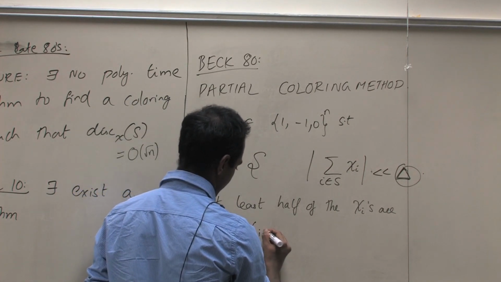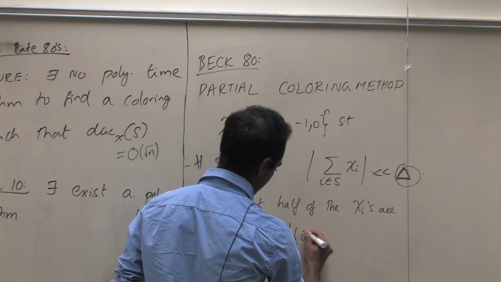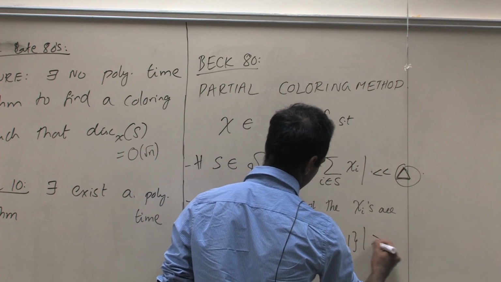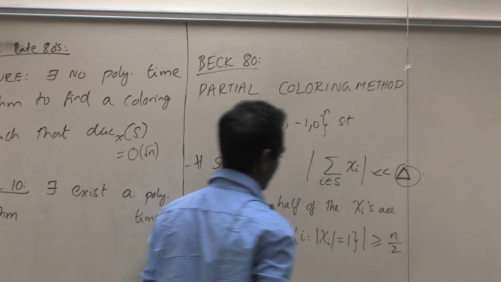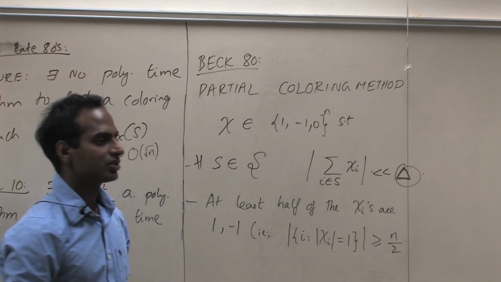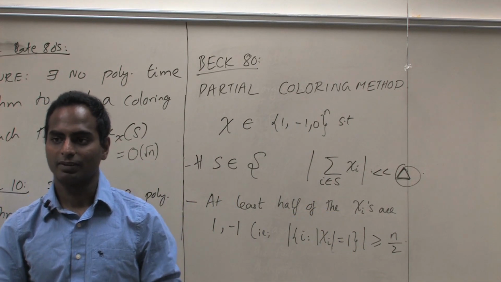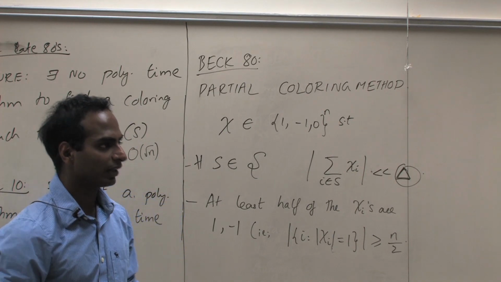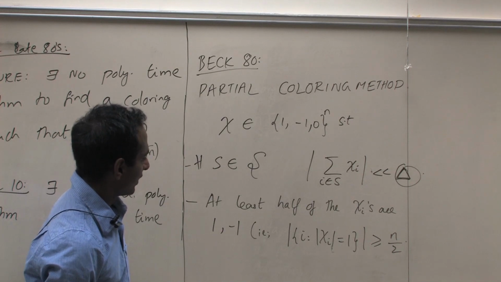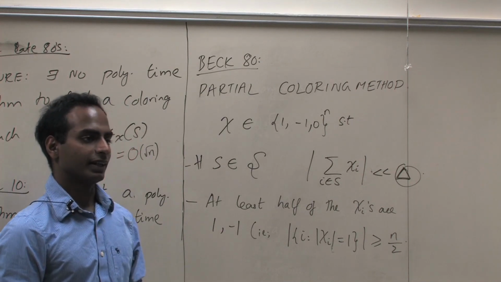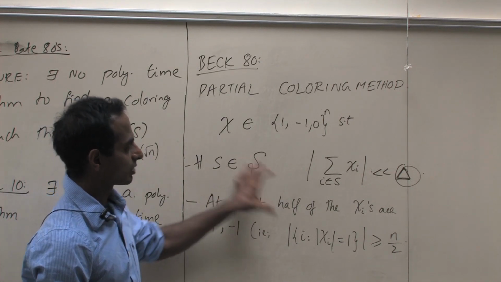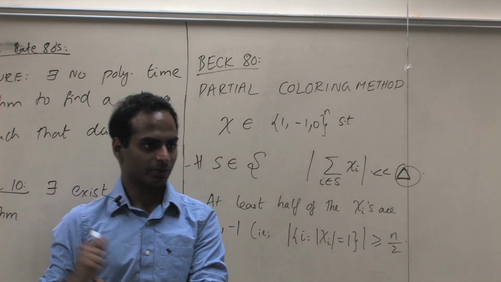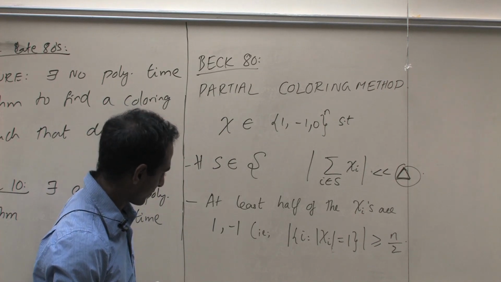In other words, at least half of the coordinates should be non-zero. So I want a 1, -1, 0 coloring where half are non-zero. And this, we'll see, is much easier, and once you solve this problem, it's actually easy to solve the full problem.